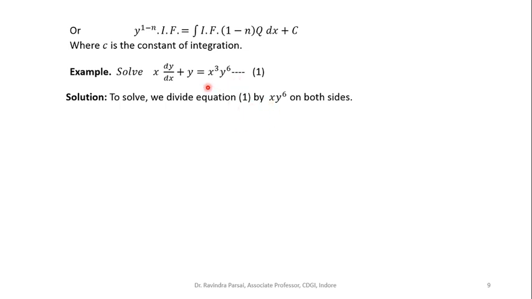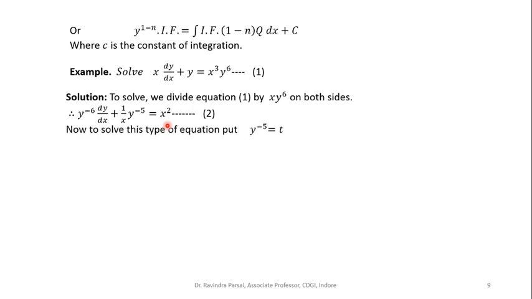So you divide this whole equation, because our objective is first to make the dy by dx coefficient 1. So we divide not only by x, and also we have to eliminate y raised to 6, so we divide the whole equation by x y raised to 6. This gives you y raised to minus 6 of dy by dx plus 1 upon x y raised to minus 5 equal to x square.